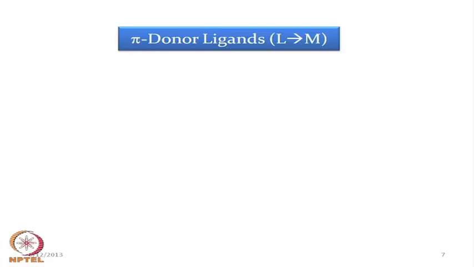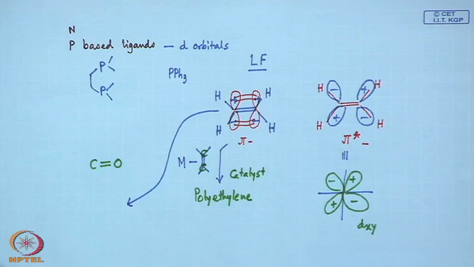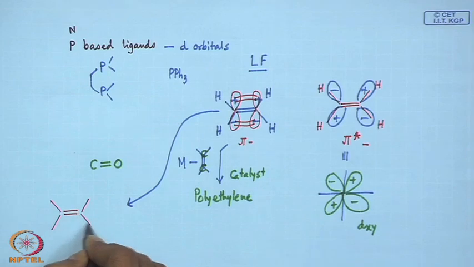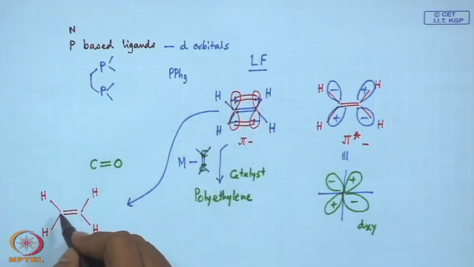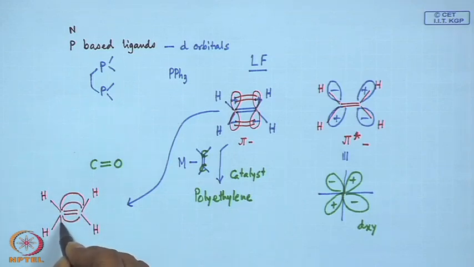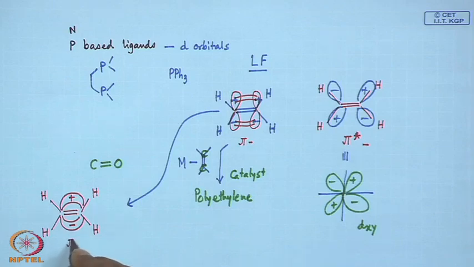So, this particular orbital, the CC bonding interaction, for this particular figure, if we have the ethylene molecule, after overlap we have typically more or less a banana shaped electron density of this type, and this electron density is of pi type.